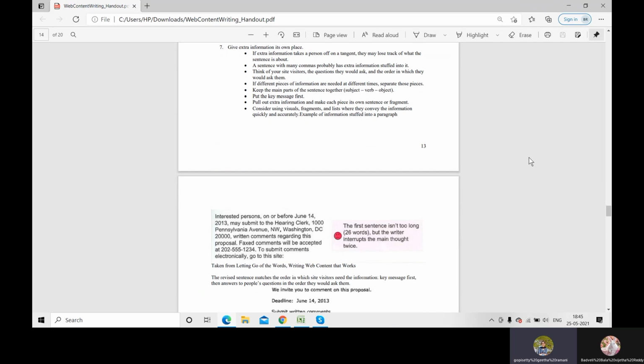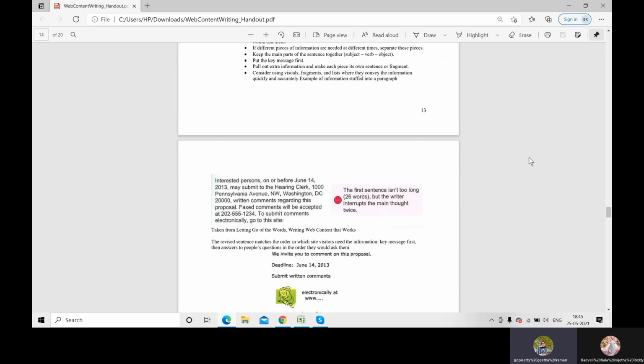Next, put the key messages first, pull out all the extra information, and make each piece its own sentence or fragment. Consider using visual fragments and lists where they convey the information quickly and accurately. Here is an example of information stuffed into a paragraph.